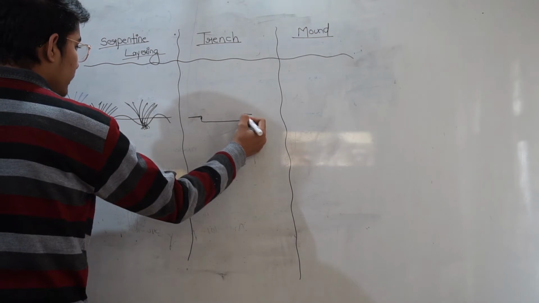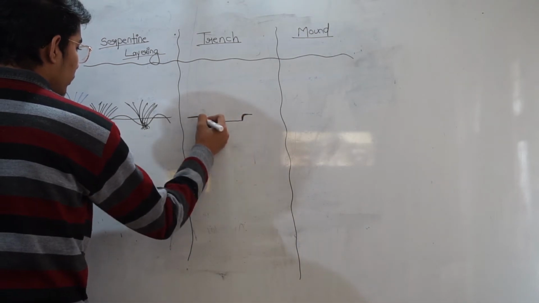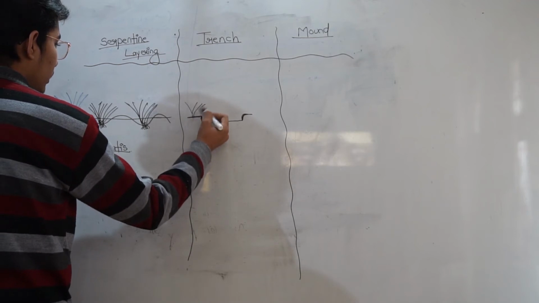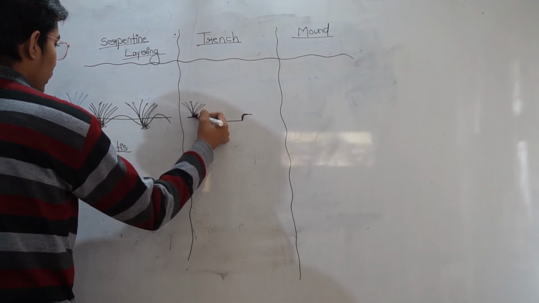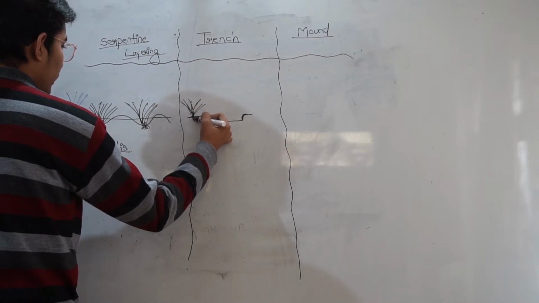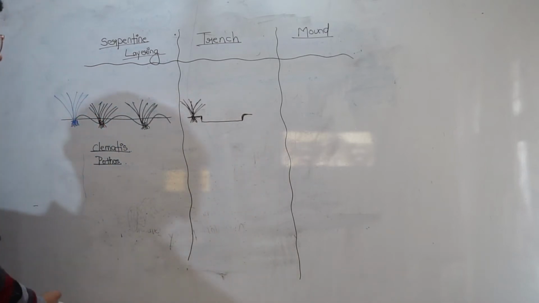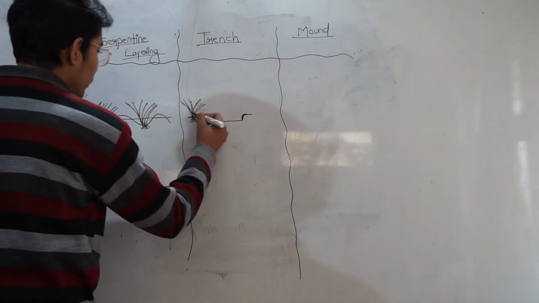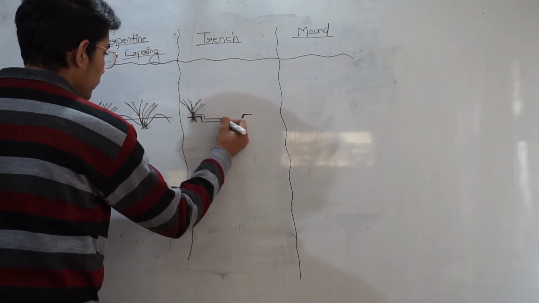This type of apparatus is shown. Let's say there is a plant. This is a well developed shoot system, and here will be the adventitious root, and we will perform a layering in a horizontal direction like this.